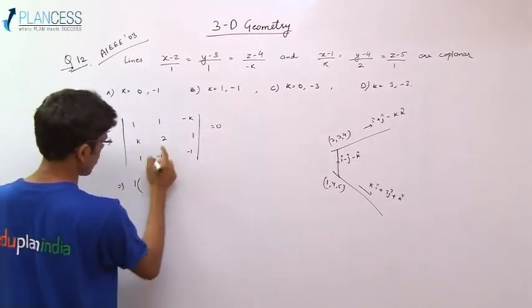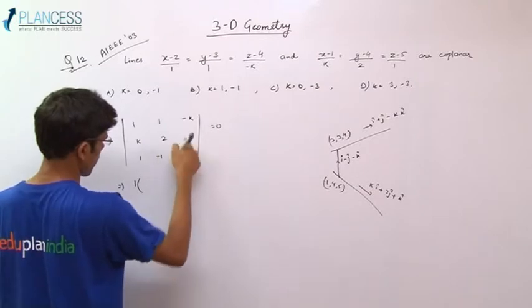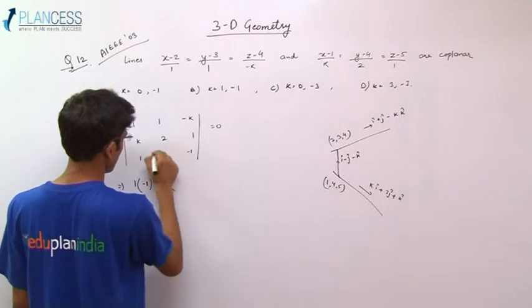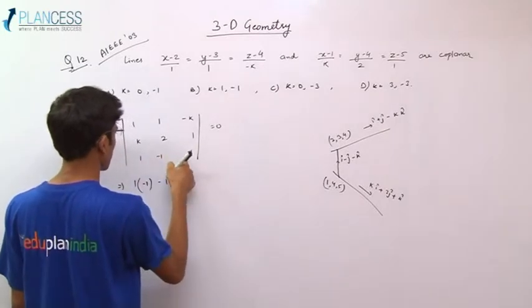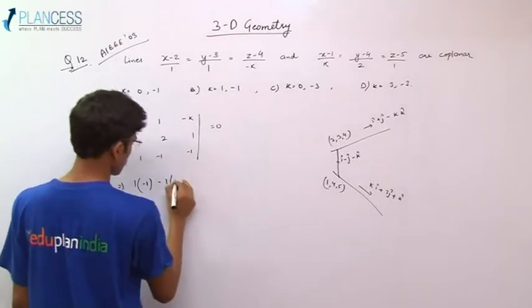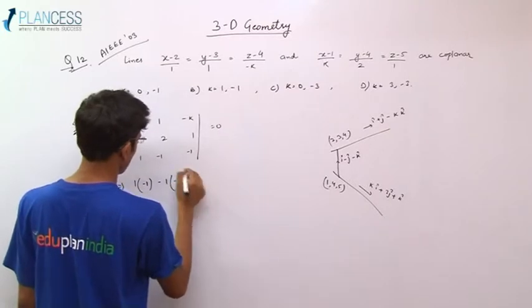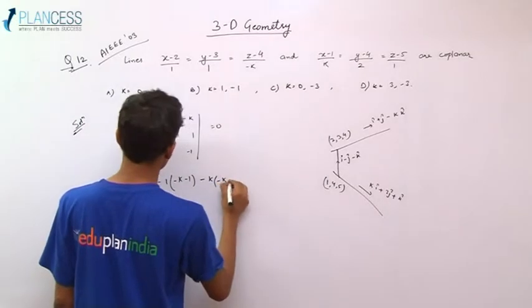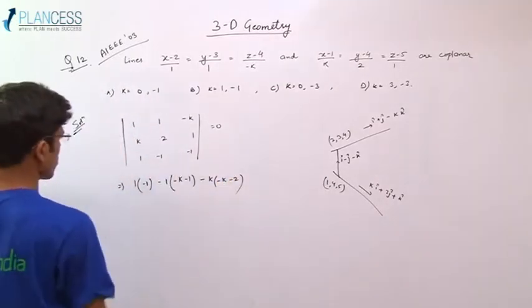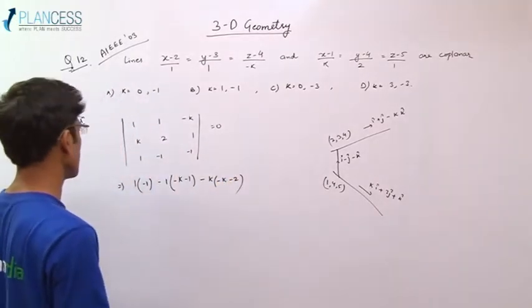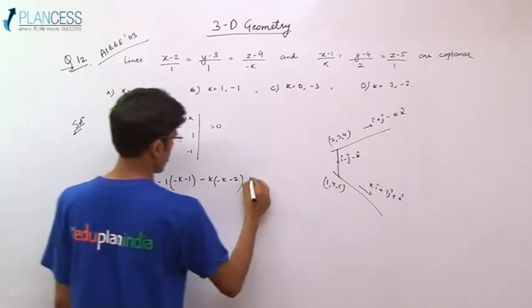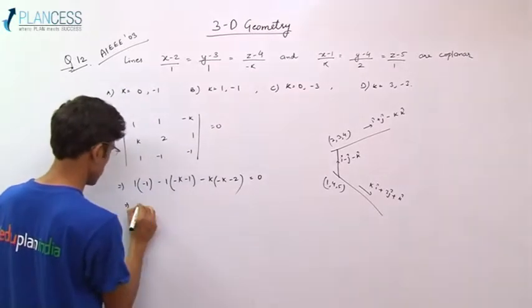So if we solve it, minus 2 plus 1 is minus 1, minus 1 minus k, minus 1 minus k minus k minus 2.